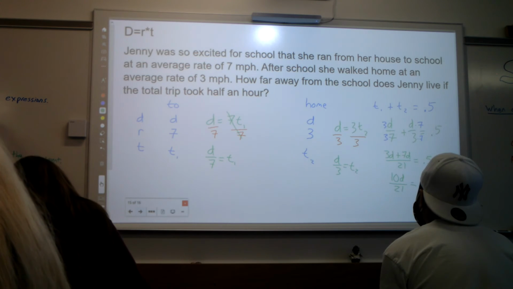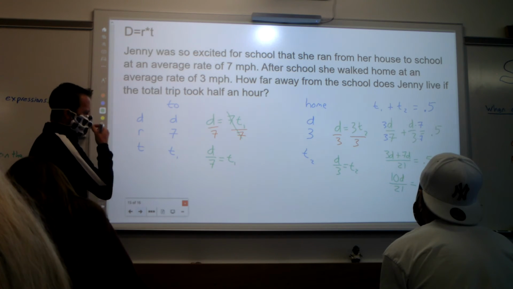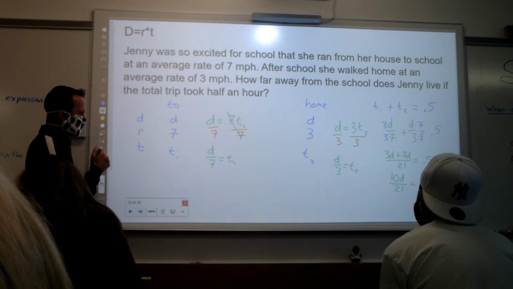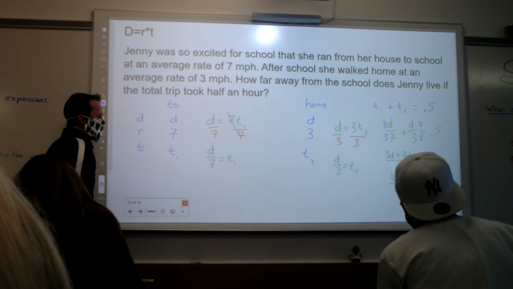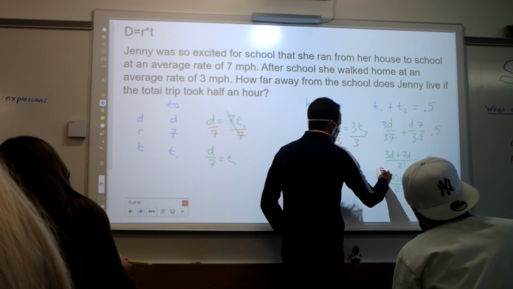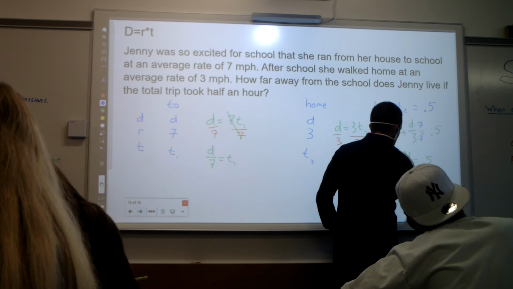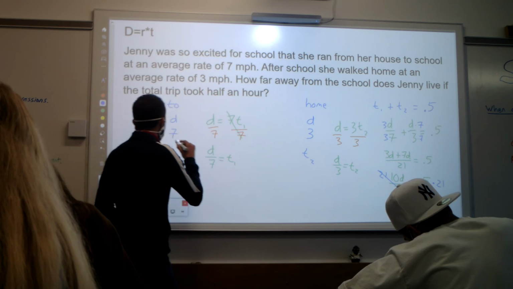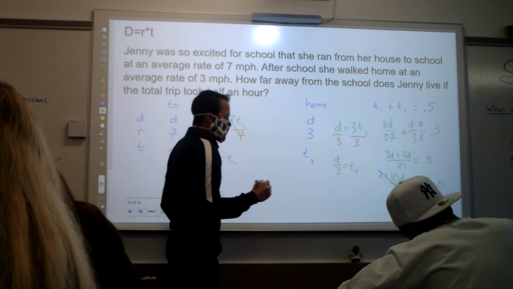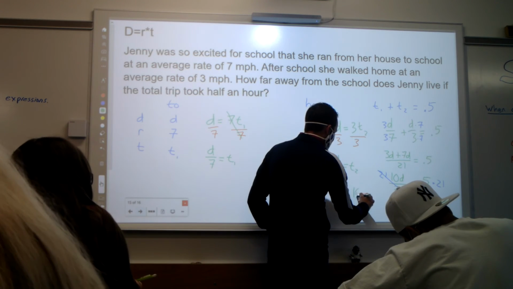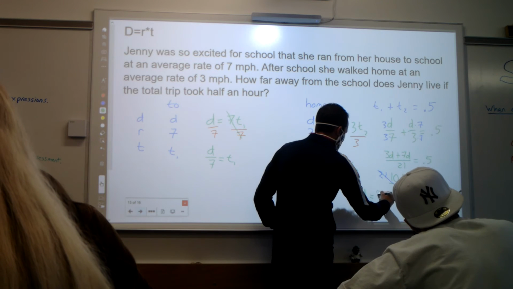Okay, so help me out here. What is that? 10.5? So with the calculator, will you check me on that? 21 times 0.5. Alright, so 10d is equal to 10.5.